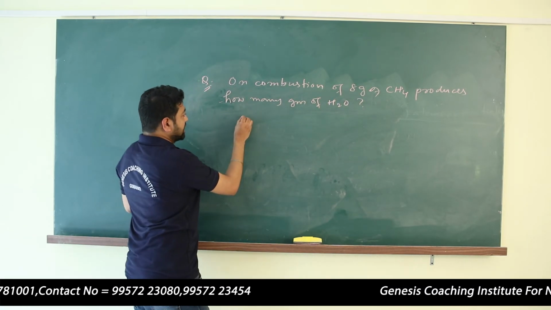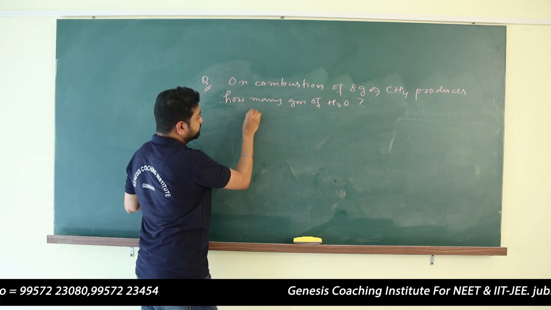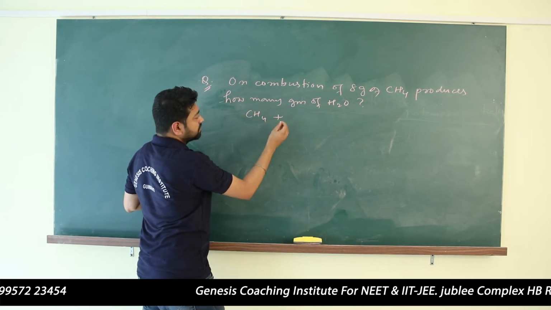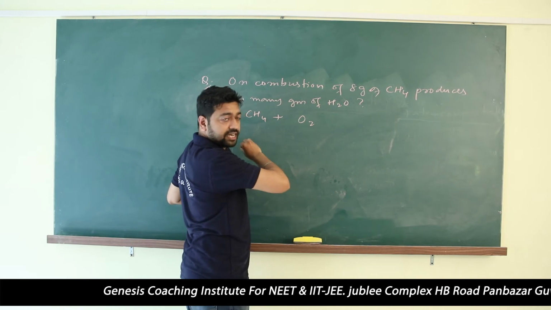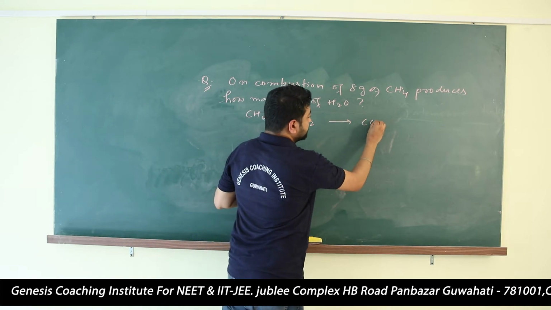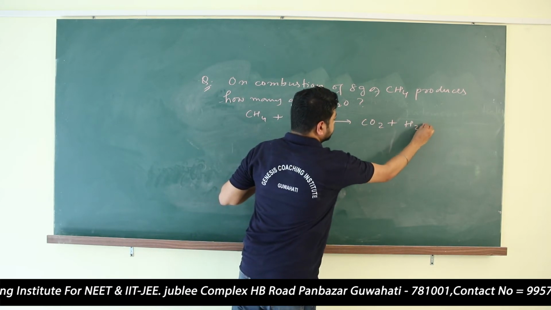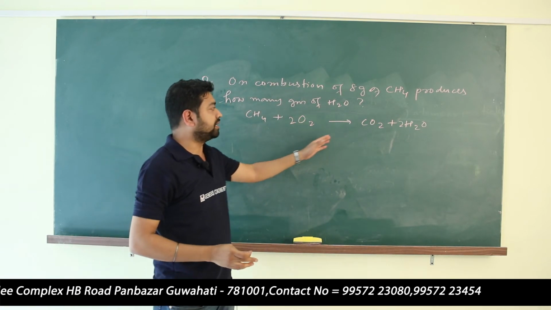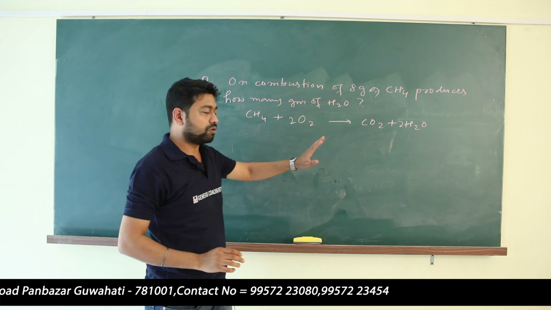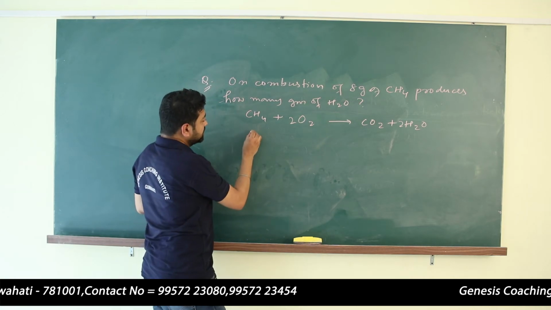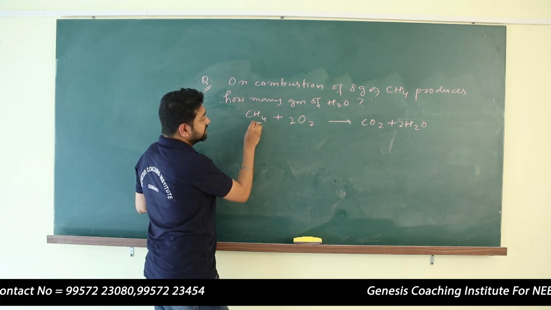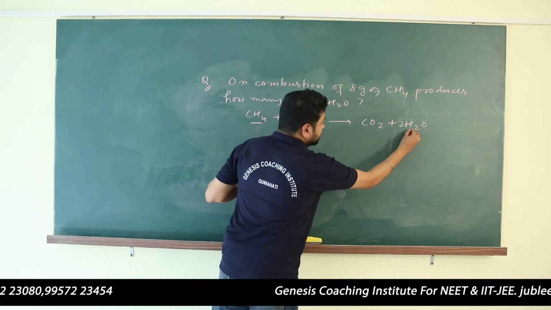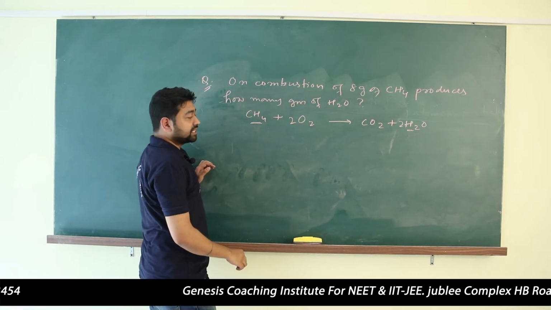Okay. So the equation is, methane is given. On combustion means reacts with oxygen. It will give carbon dioxide and water. Balance it. You know the equations, because on combustion it will always give carbon dioxide and H2O. Now originally the molecular mass here is 16 and here this one is 36.